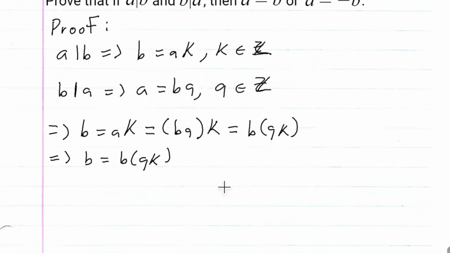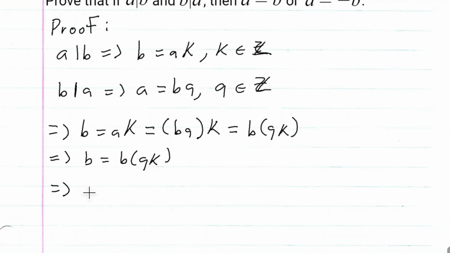So now, what this tells me, so I have B is equal to B times Q times K. So that means that Q times K must be 1, right? Does that make sense? So if B is equal to B times Q times K, that means Q times K must be 1. So there are two instances where Q times K is 1, where Q and K are integers, right?